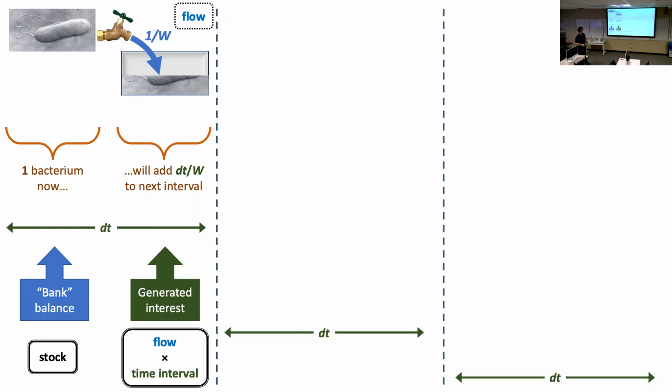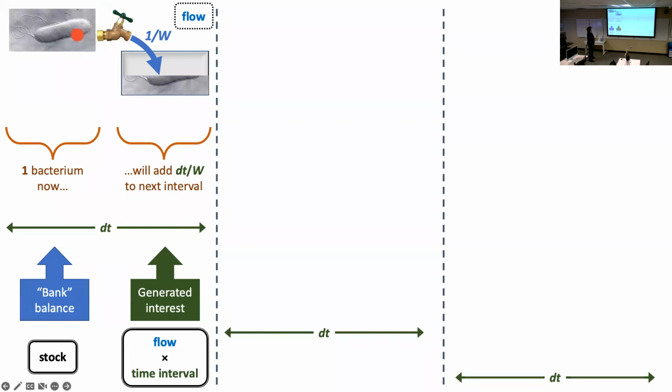We split those things up and we say the flow here is how much we're sort of assuming that every bacteria is oozing out per unit time. And then we choose a small time step where we multiply that flow times the small time step, and that gives us our generated interest in our simulated bank account. So then we have our bank balance as our stock plus the interest, and we just move forward with exactly the same compound interest idea.